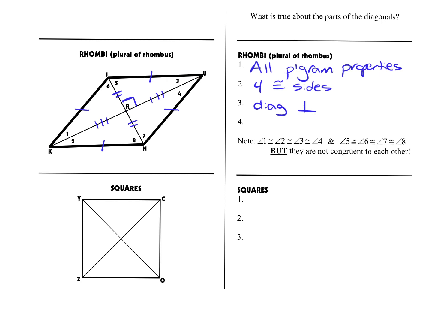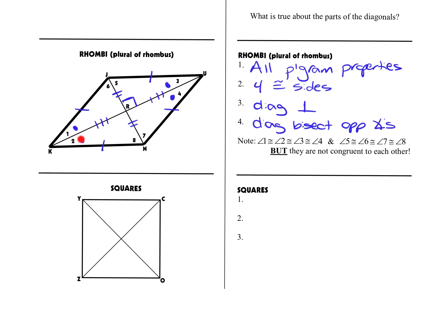The next thing that we're going to have is that the diagonals are going to bisect the opposite angles, which means if these opposite angles are congruent and they bisect each other, then all four of these angles are congruent. Now you could use the traditional congruent tick marks.